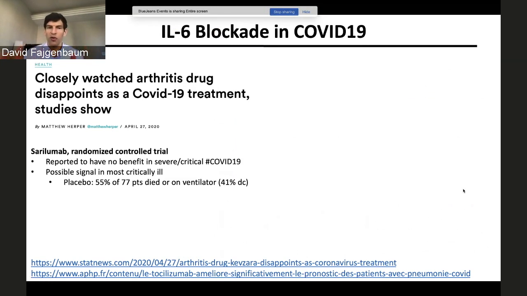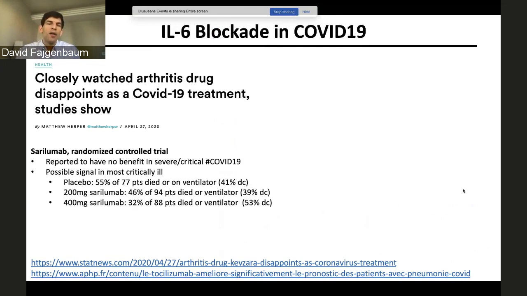So if you have severe and critical, no statistically significant benefit. But if you look just at the most critically ill, it seems that there might be an improvement in the discharge rate and also in the proportion of patients who died or were on a ventilator compared to placebo. However, this is going to need to be studied in more patients. So critically ill patients will continue to be enrolled, but they will no longer enroll severe patients.